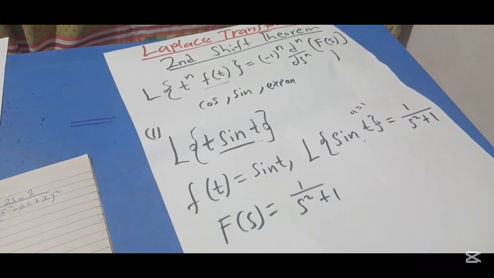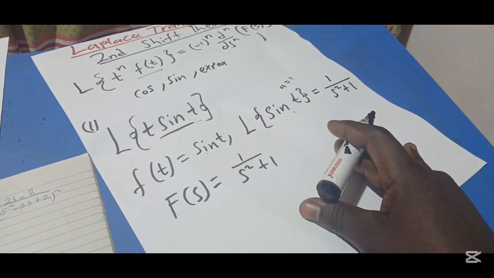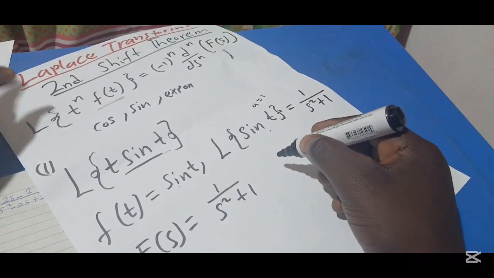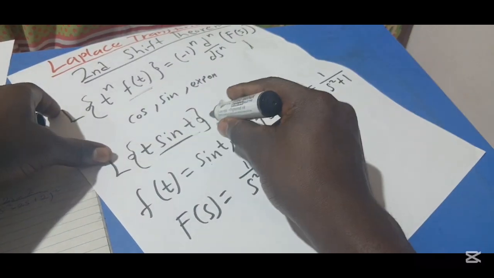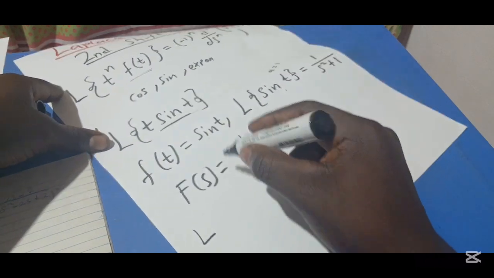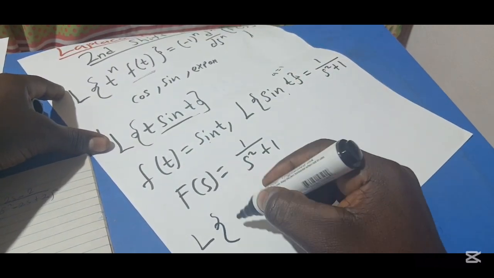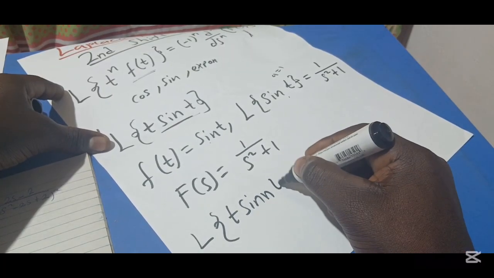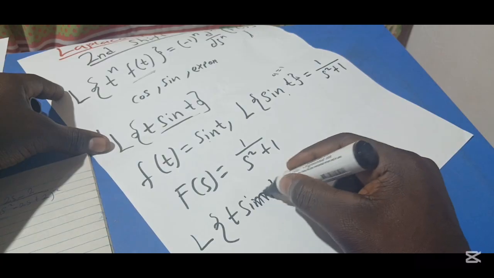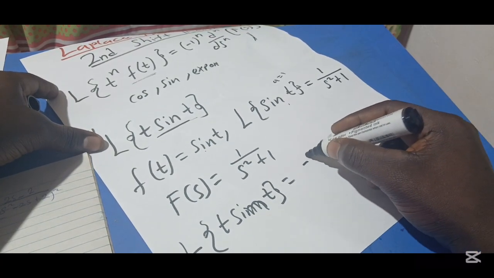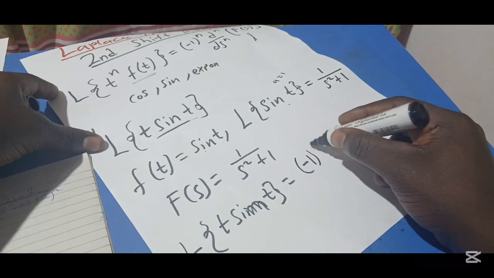Now, the Laplace transform of t^n sine t should be equal to minus 1 to the power n, d^n over ds^n of F of s.